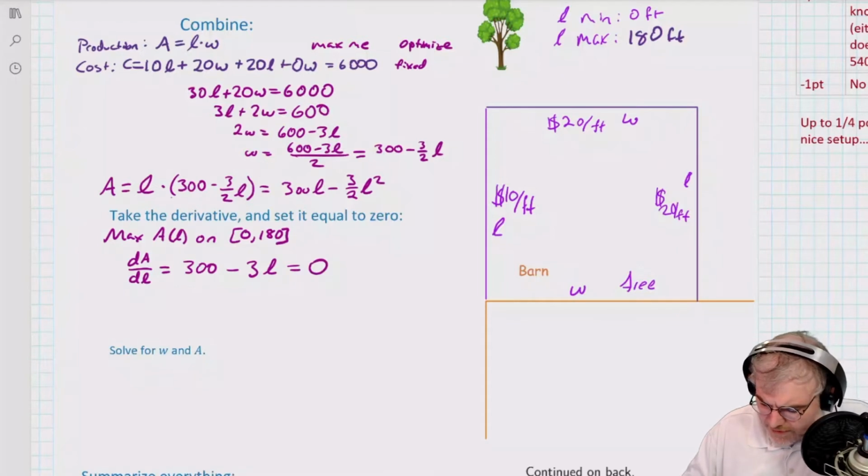So I'm going to wind up with 300 equals 3L. Right, which gives me that I divide both sides by 3 and I get 100 equals L. And note, 100 is in this equation.